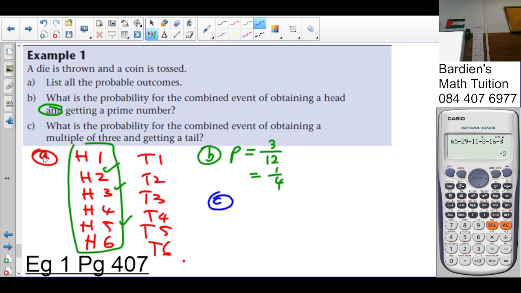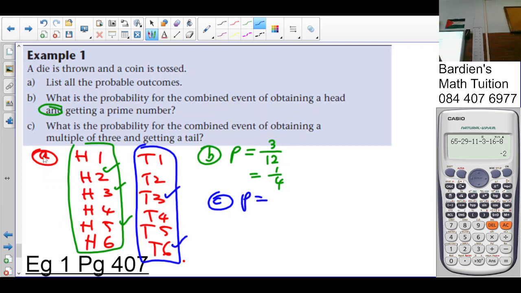C. What's the probability for a combined event of obtaining a multiple of 3 and getting a tail? So multiple of 3 and getting a tail, what are my options? T3, so it's tails firstly, T3 and then T6.